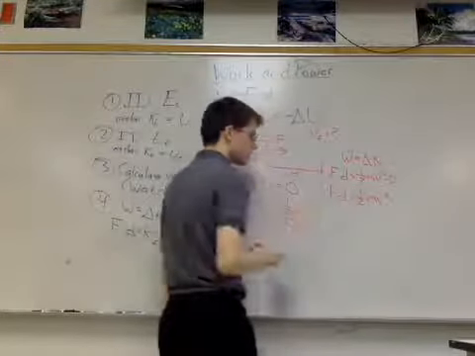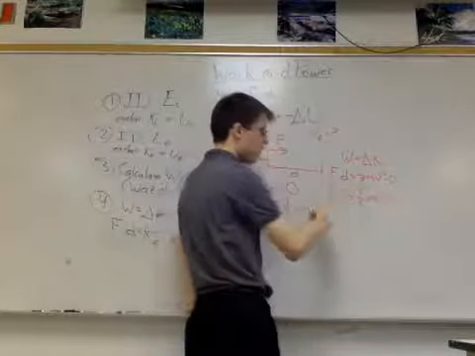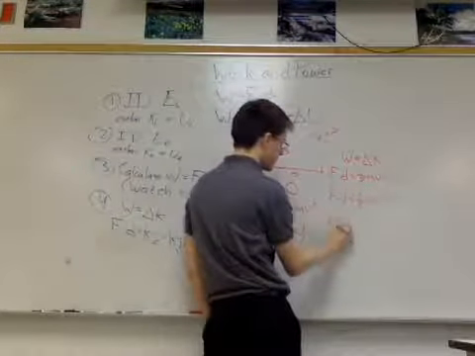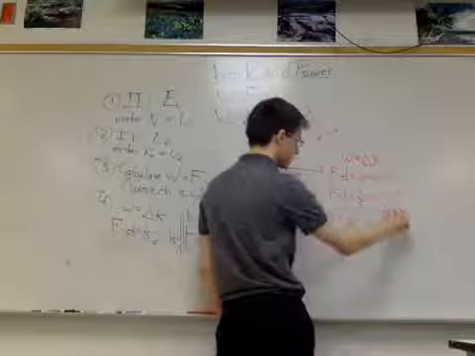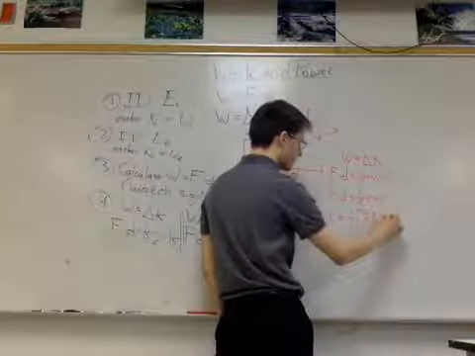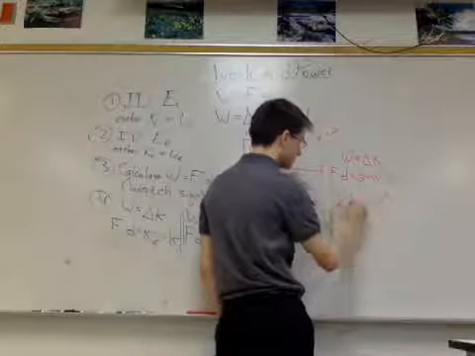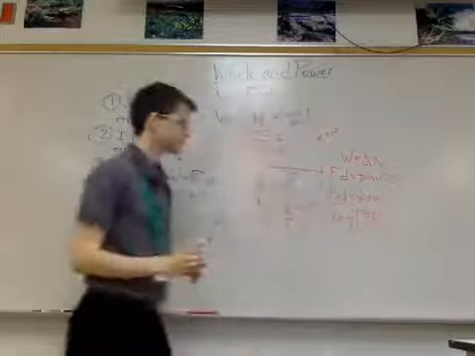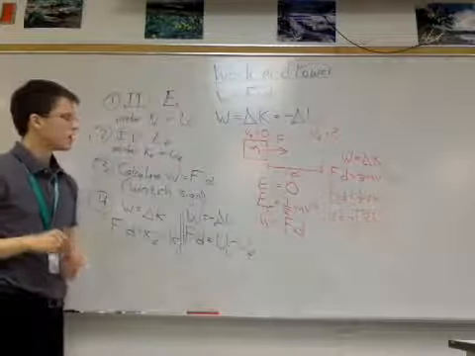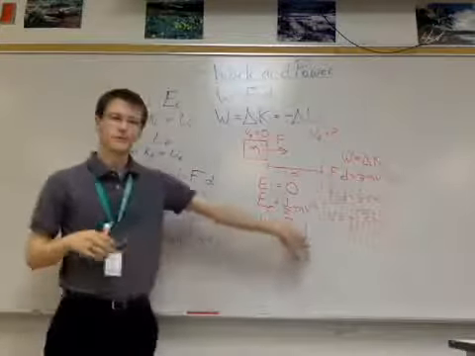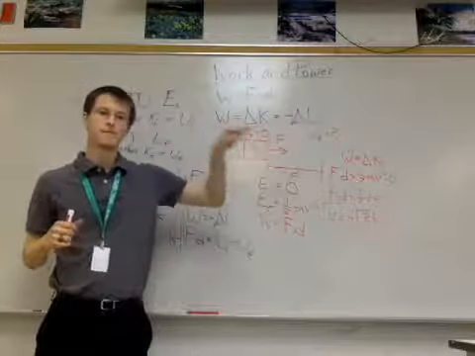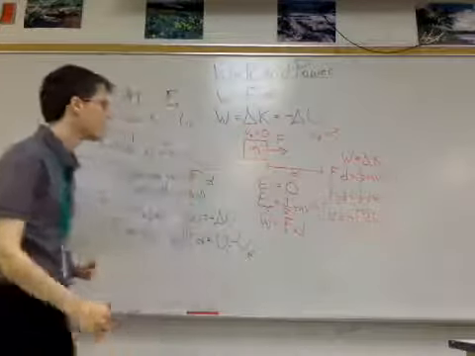So solving for v, we're going to multiply by 2, divide by m, take the square root, and you get that v is equal to the square root of 2Fd over m. And remember that this work is positive because the force and the displacement are in the same direction. Okay? Let's do another example.